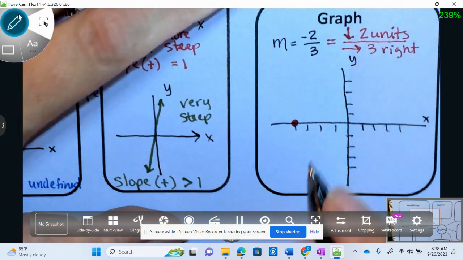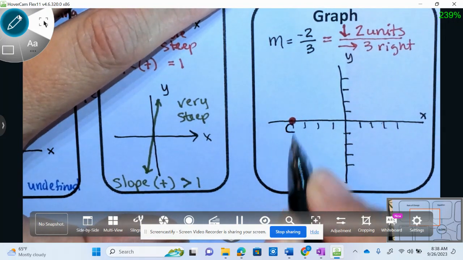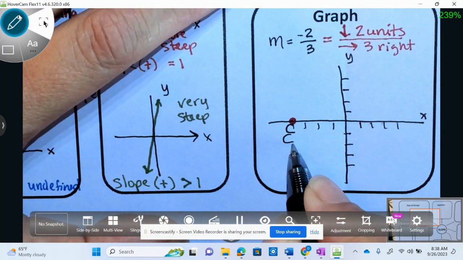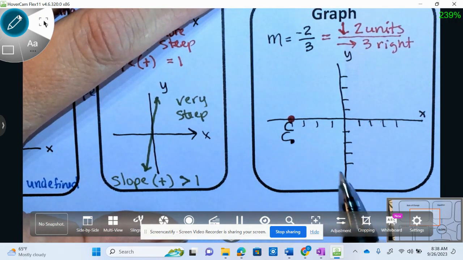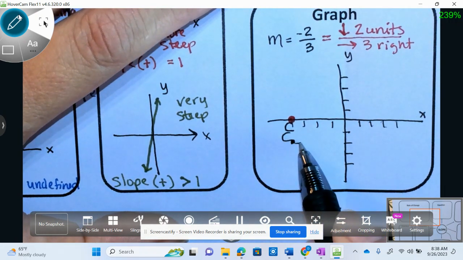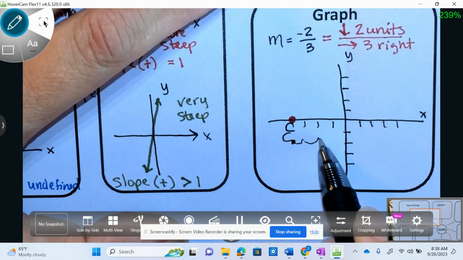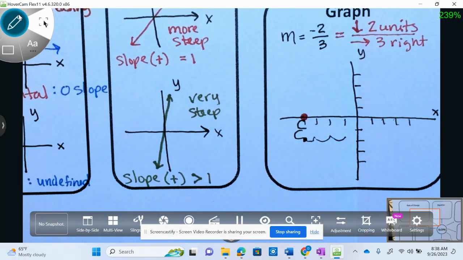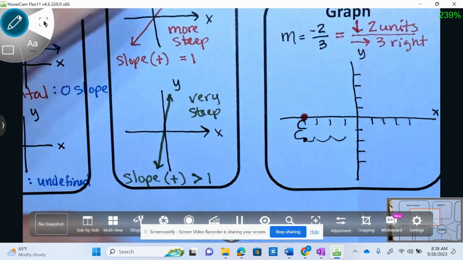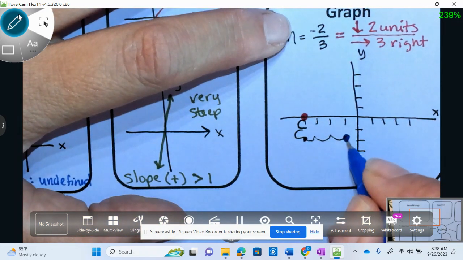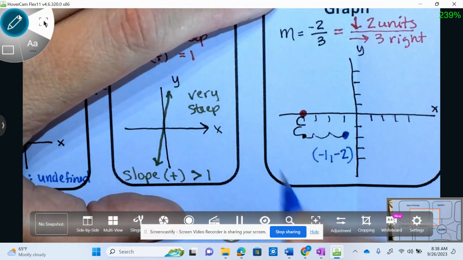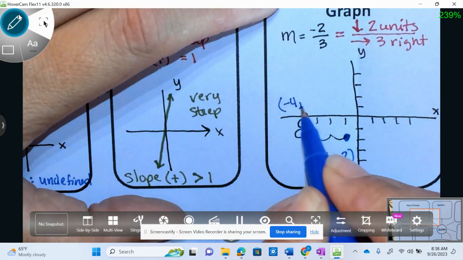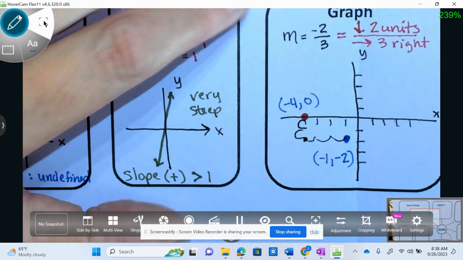So if I go down 2 units, 1, 2, that's going to put me right here at -4, -2. But then I have to run 3 units to the right. 1, 2, 3. So I actually end up right here at the point -1, -2. We started at the ordered pair -4, 0.